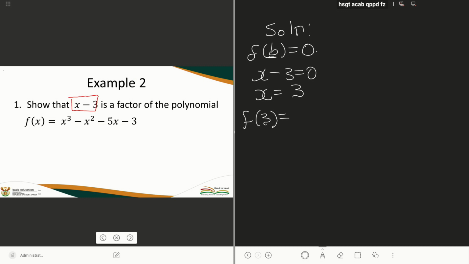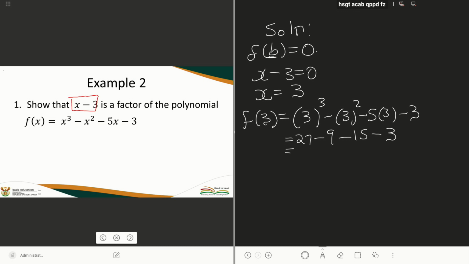Now, I'm going to substitute my 3 into the original function. So I'll say 3 to the power 3 minus 3 squared minus 5 times 3 minus 3. So 3 cubed is 27, minus 3 squared is 9, minus 5 times 3 is 15, and then minus 3.